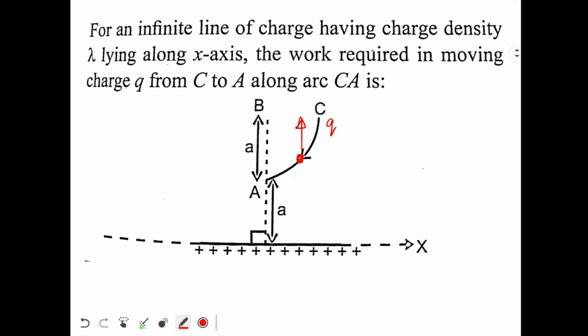The force will be equal to qE, where E due to a line of charge is given by 2k lambda by r. In this case, I'll write it as 2k lambda by y, where y is the distance of the point charge from the line at the moment of time.